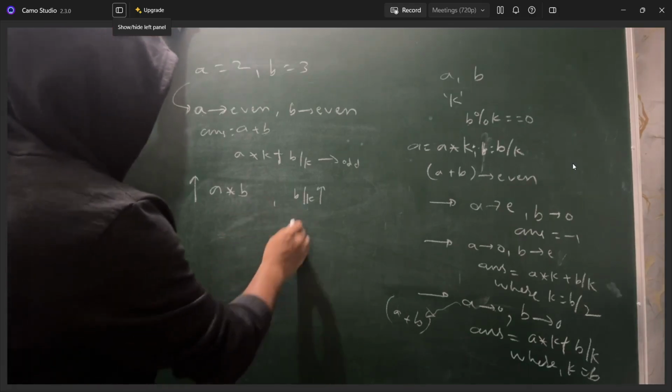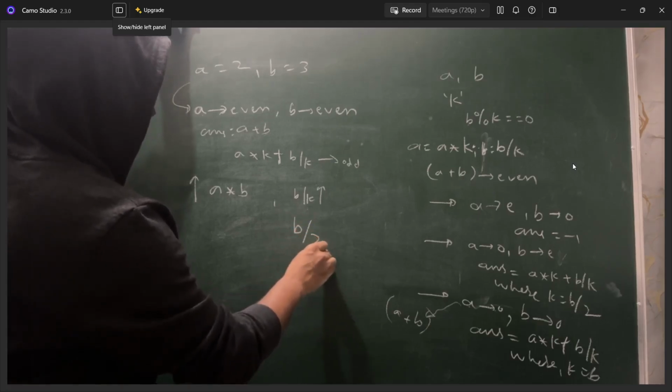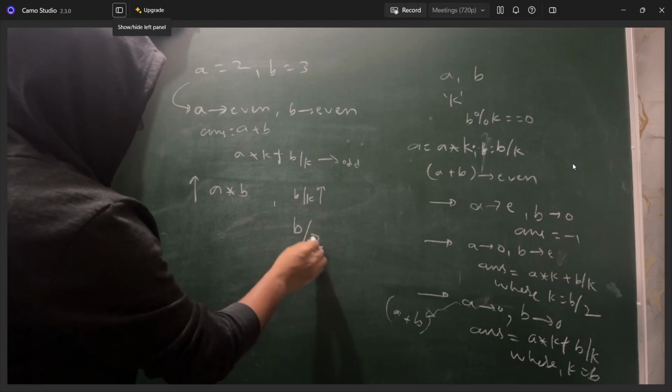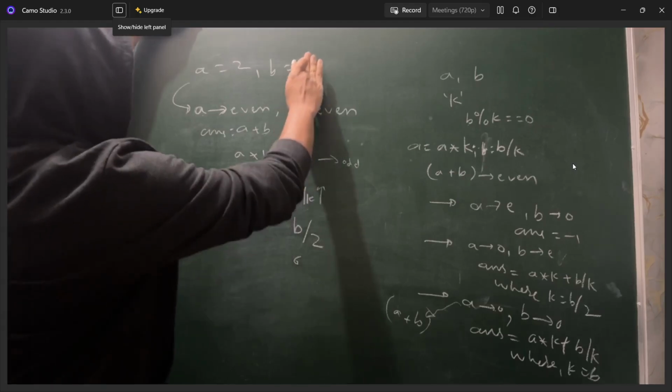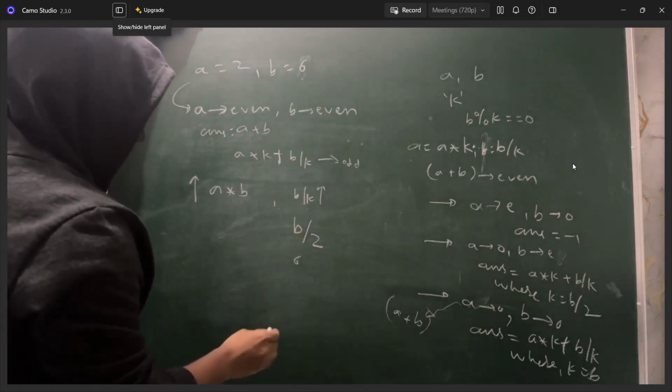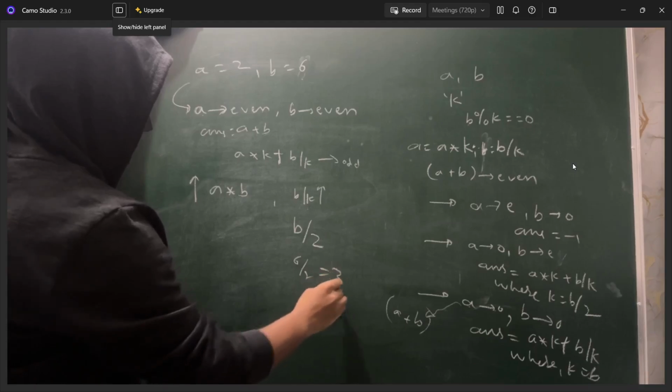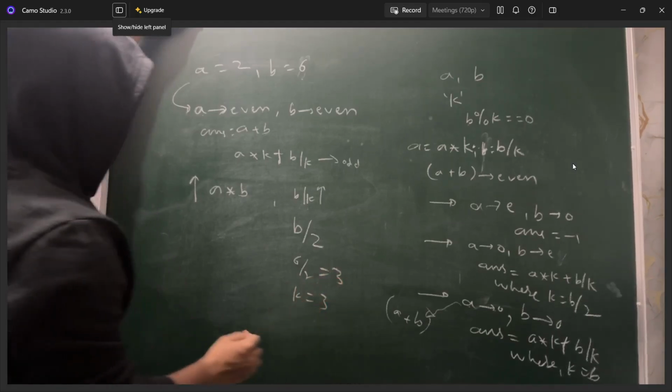So if you want to maximize both, then what do you need to choose? In this case also you will be choosing b by 2, because it is even, so it will always be divisible. Let's take b as 6, not 3. 6 by 2 gives you 3, so you choose k as 3.